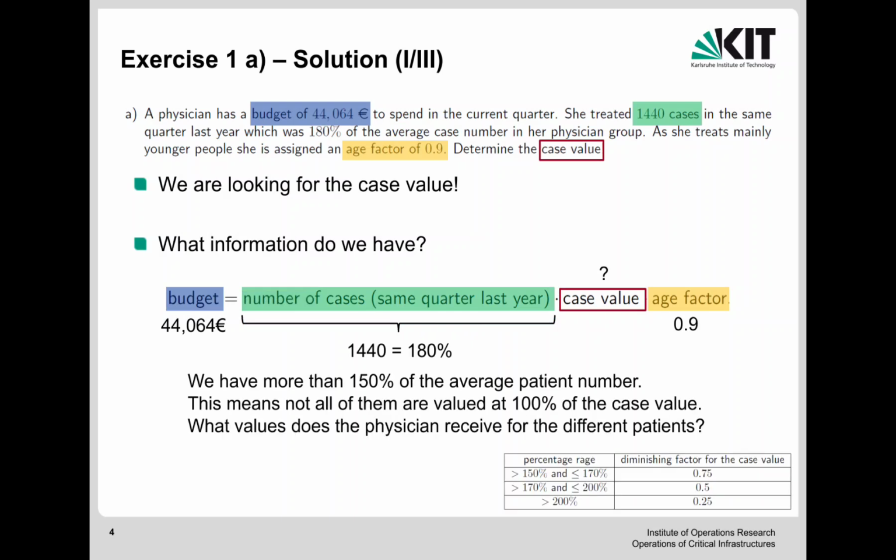That means we have obviously more than 150% of the average patient number. And this means in turn that not all of them are valued at 100% of the case value. So we have to understand the diminishing factor we have to consider and take into account.